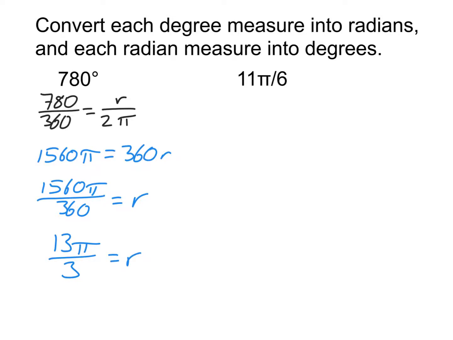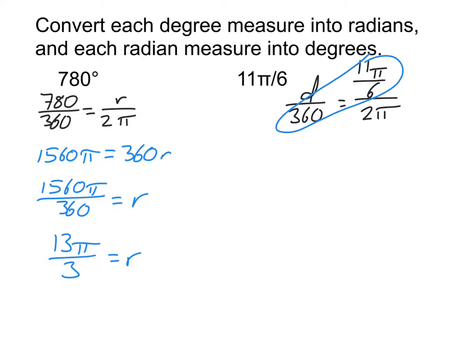Then for the second one, the 11 pi over 6, we start the same way. In this case, it's going to be d over 360 equals 11 pi over 6 all over 2 pi. And when cross multiplying, remember you're multiplying that 11 pi over 6 by the 360. So when we do that cross multiplication, 11 times 360 divided by 6 gives me 660.